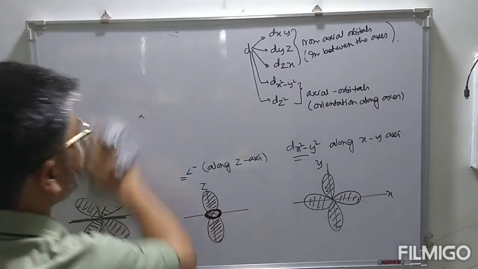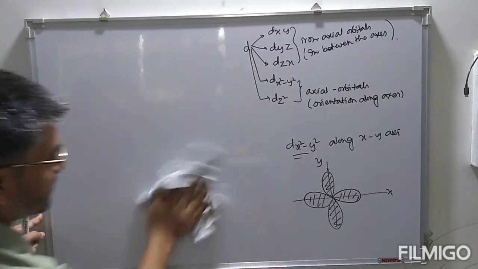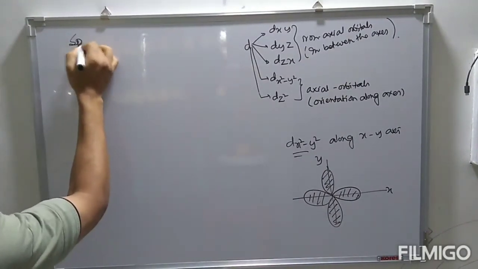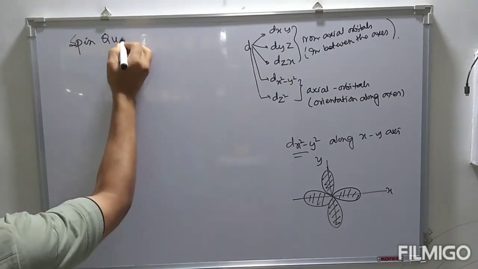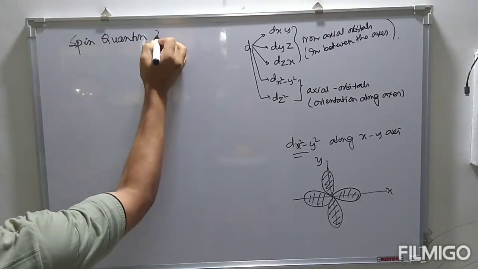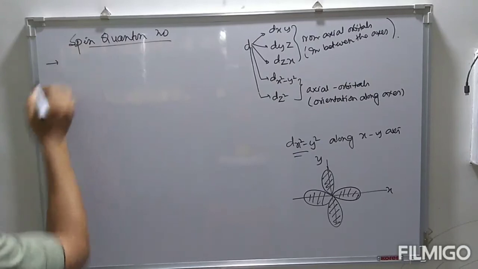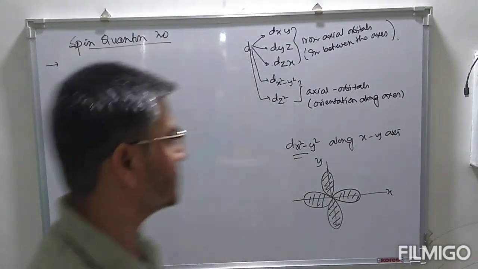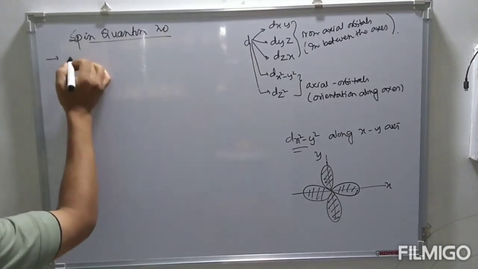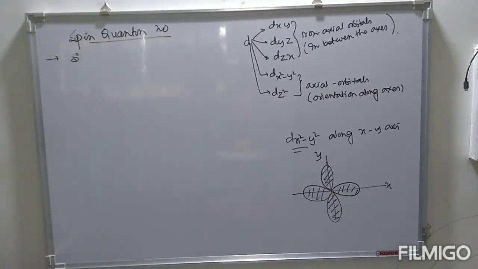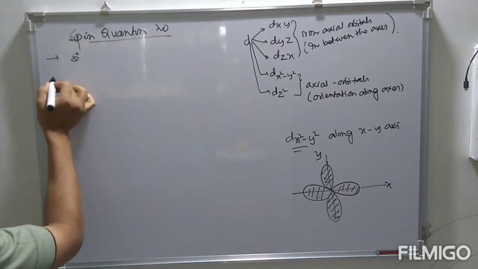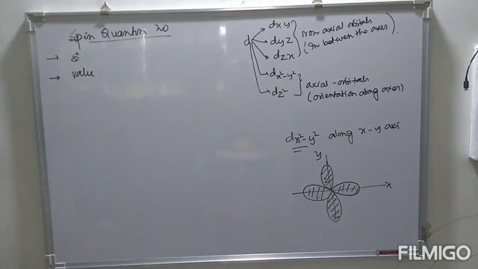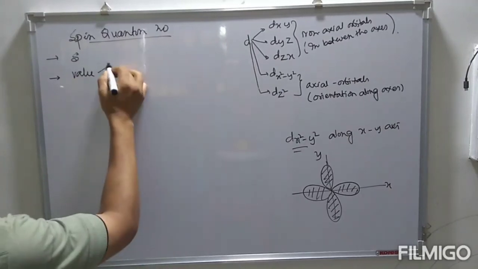Then the fourth quantum number is spin quantum number. Now, it was found that the electron also spins like a top. So this is given by spin quantum number S, and this spin quantum number S has only two possible values. Either we can have positive spin or negative spin.